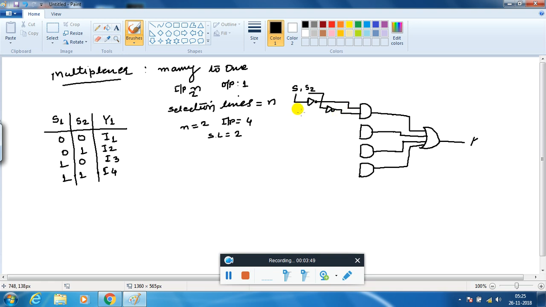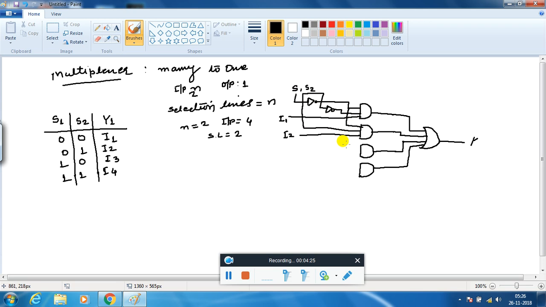So this is first when 0 0, and the third input must be there, that is I1. Then we have to provide the 0 1. So the S1 value must be 0, so we will provide from here. Then S2, we will provide S2 from here, because S2 will be 1, and the third input, that is I2.